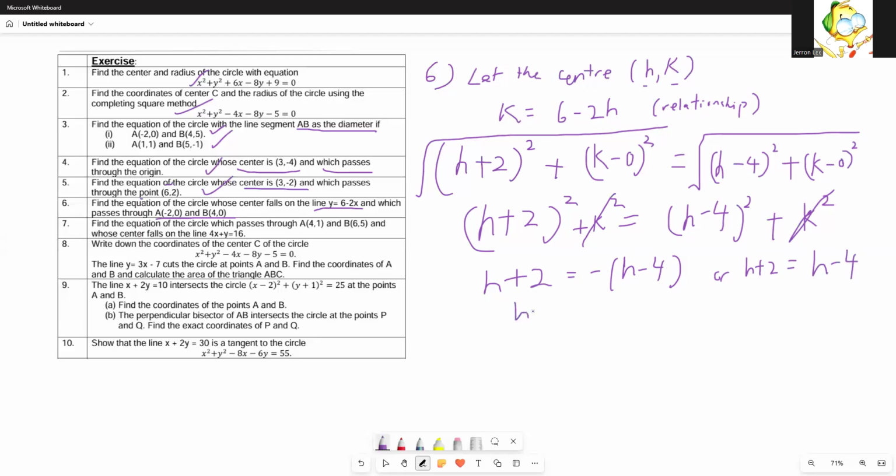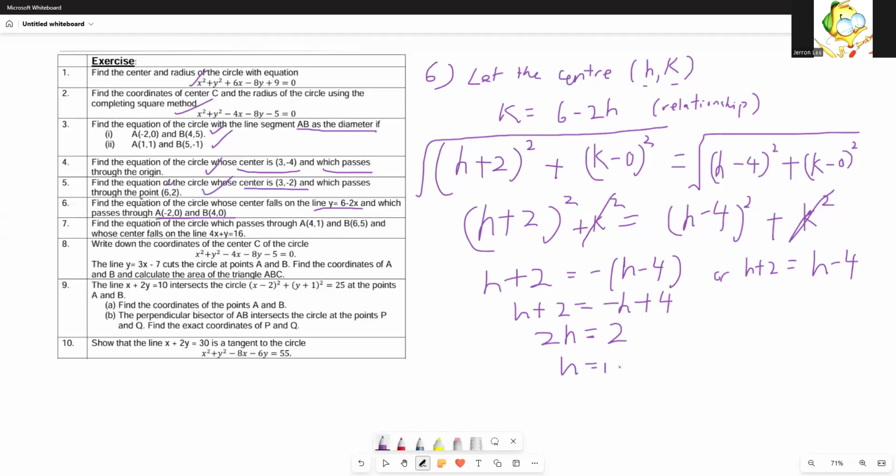And very quickly, this is going to be negative H plus 4. So in this case, we can find that 2H is equal to 2, and H is equal to 1.